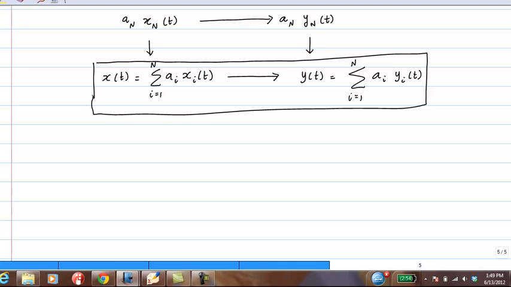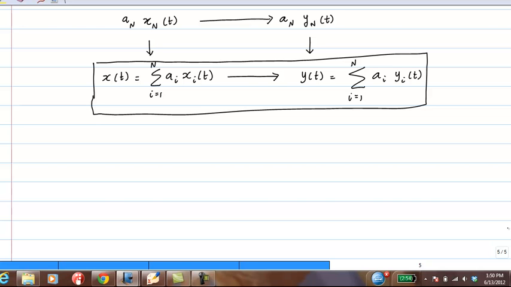If x1 produces y1, x2 produces y2, then any weighted linear combination, meaning a1 times x1 plus a2 times x2, produces a1 times y1 plus a2 times y2.